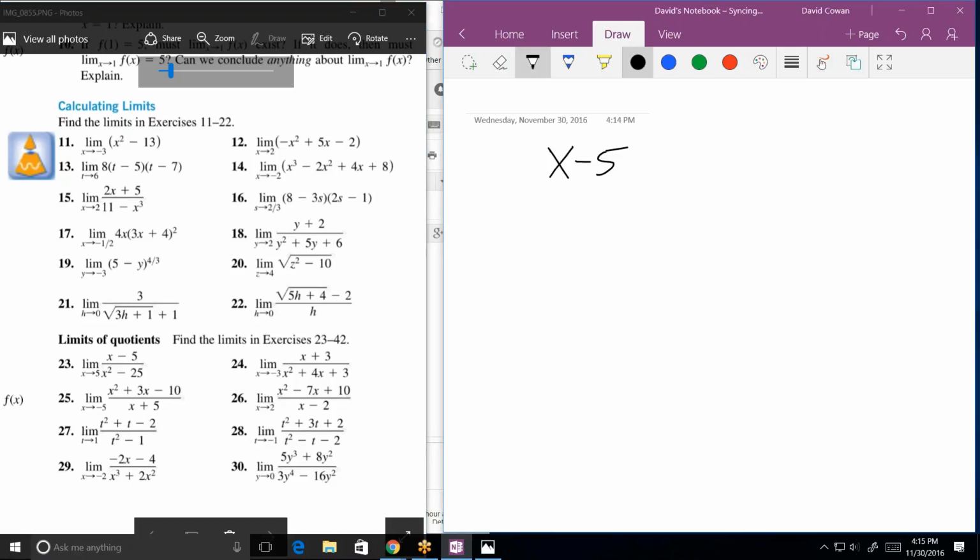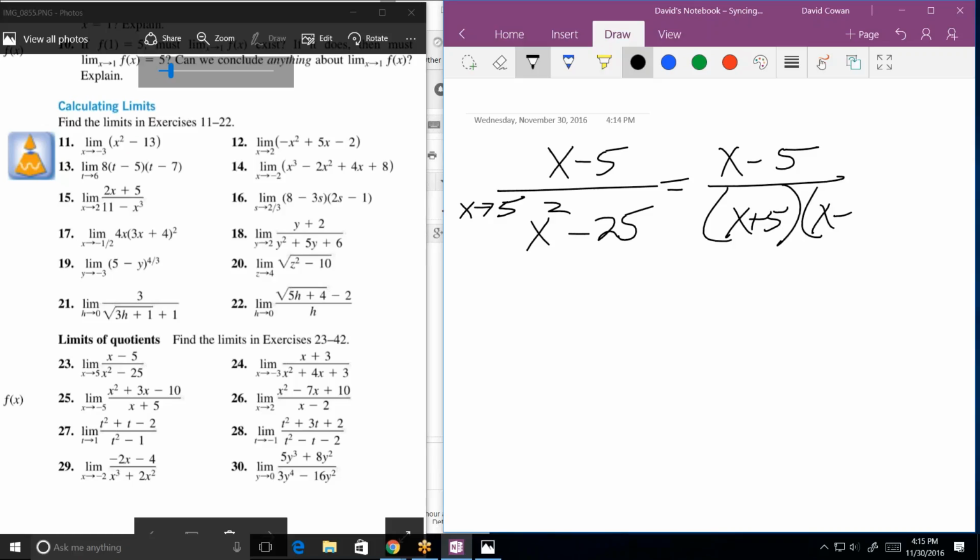23 is the more typical problem, which you're going to solve by factoring. As x goes to 5, it's 0 over 0. So manipulate that fraction. That would be x minus 5 over x plus 5 and x minus 5.